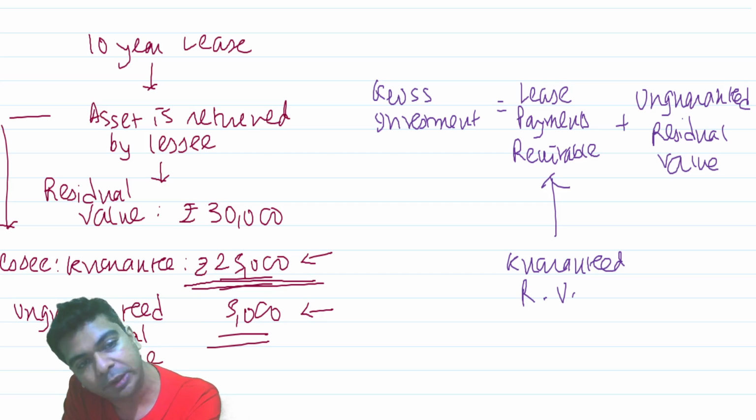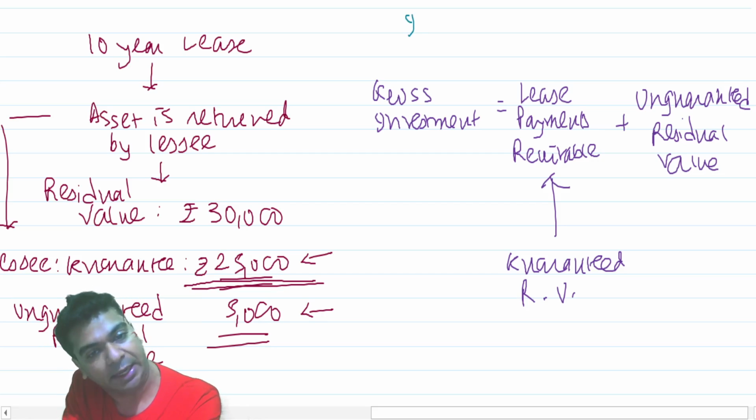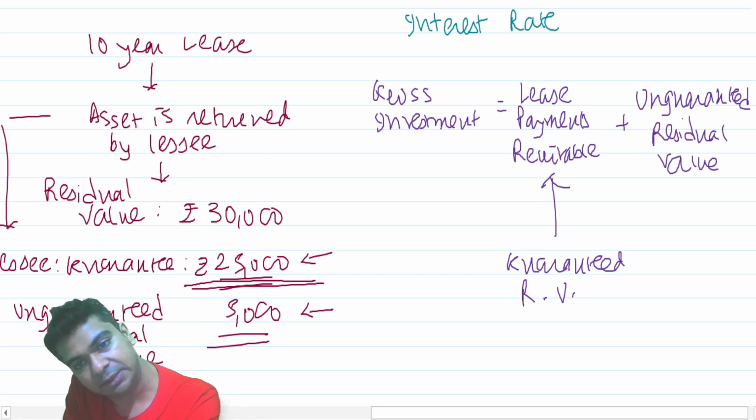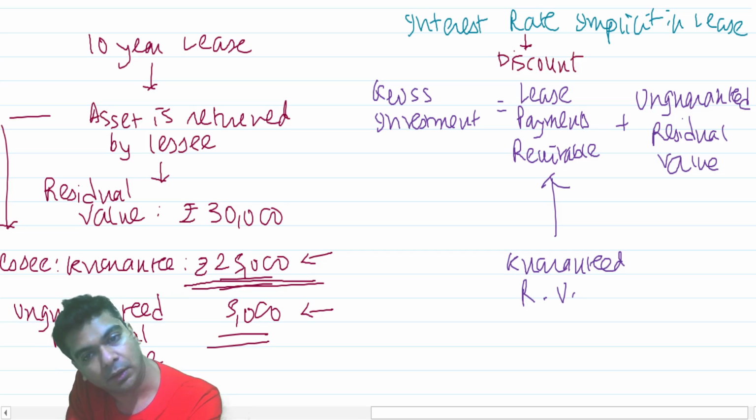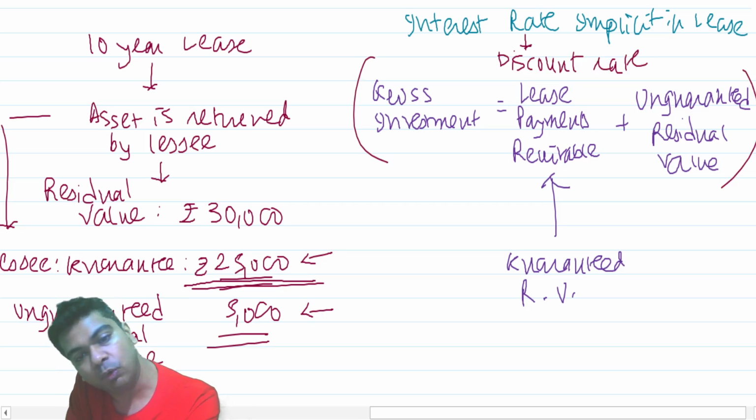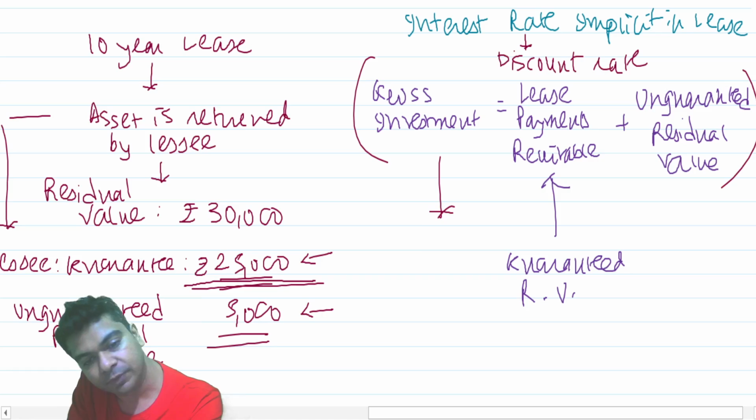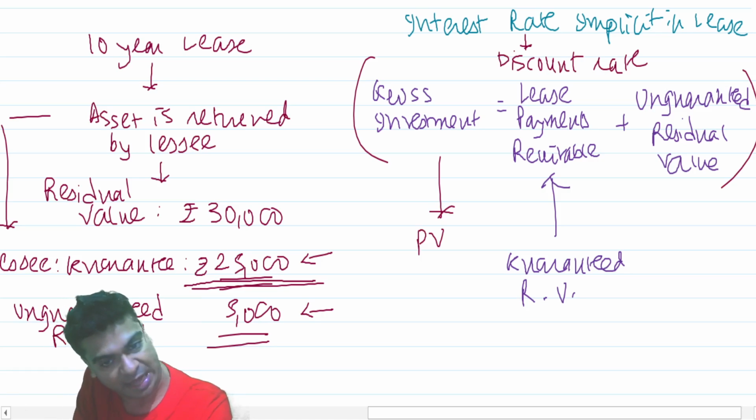Okay. Now what you should do is, there is an interest rate implicit in the lease, right? This interest rate implicit in the lease, you should use as a discount rate and find out its present value.